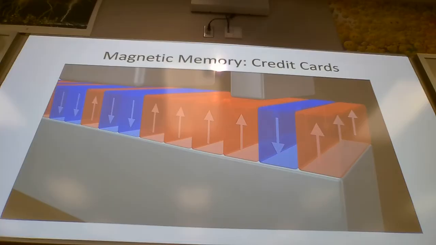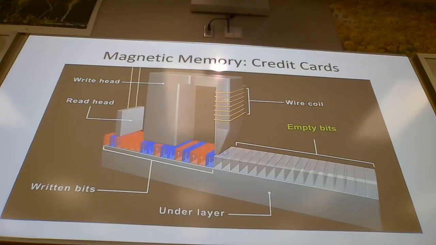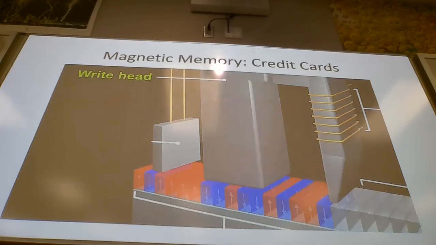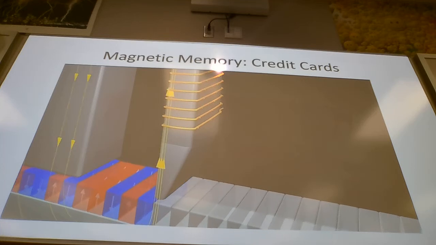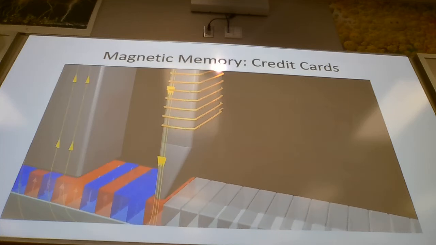These are what the computer recognizes as ones and zeros. Gray blocks are the empty bits that have not yet been magnetized. The write head is basically an electromagnet with a core appropriately shaped like this to direct the magnetic field into a bit and magnetize it as it passes by.